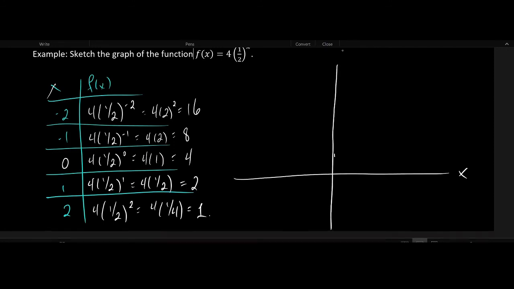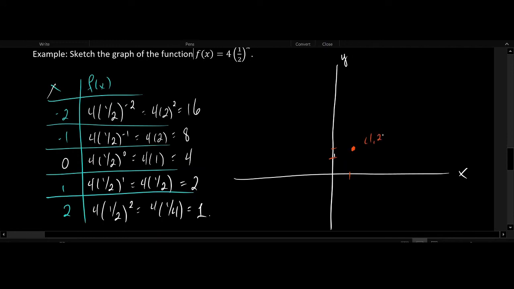Here is x, and here's f of x, the y-axis. And we found that when x is equal to 1, the y value was equal to 2. When x is equal to 2, the y value was equal to 1. When x was equal to 0, the y was equal to 4.